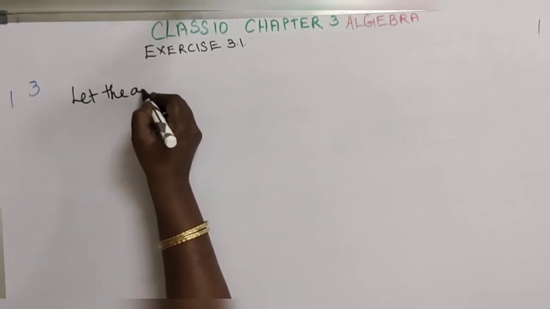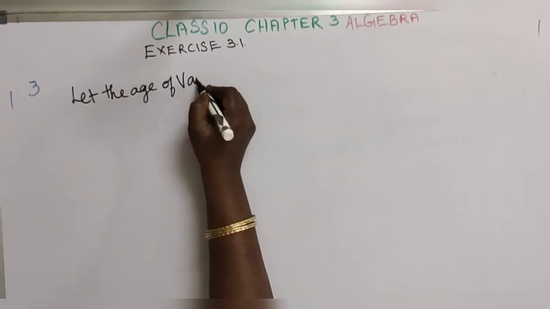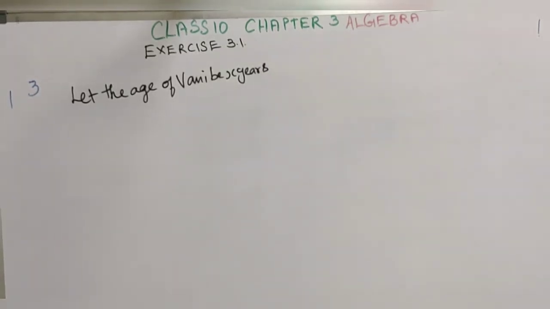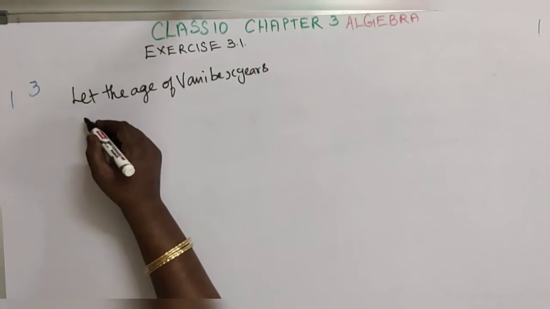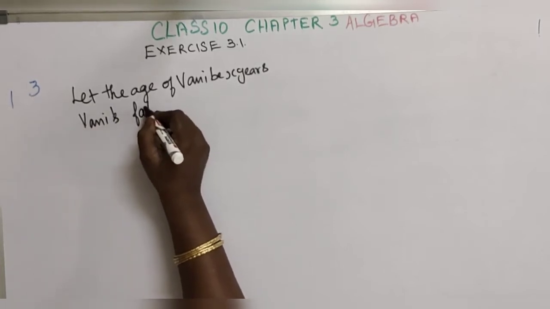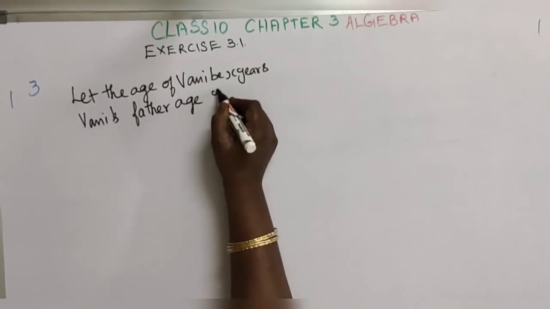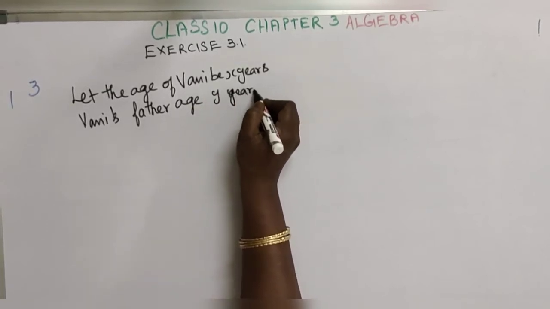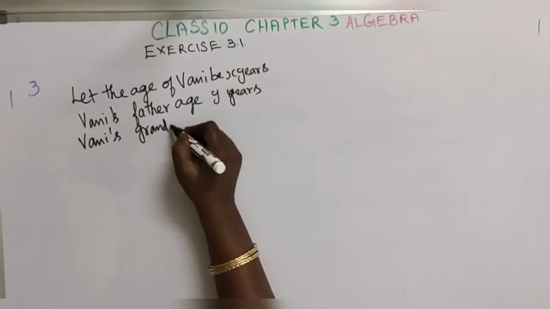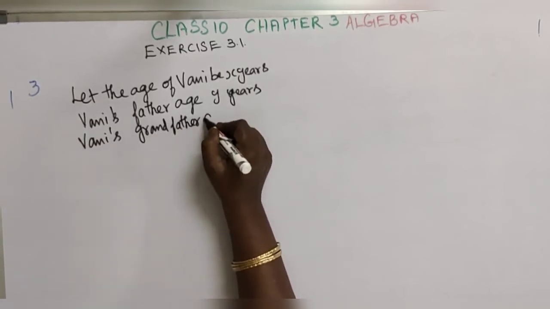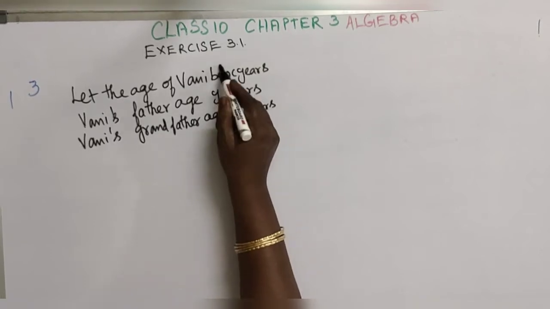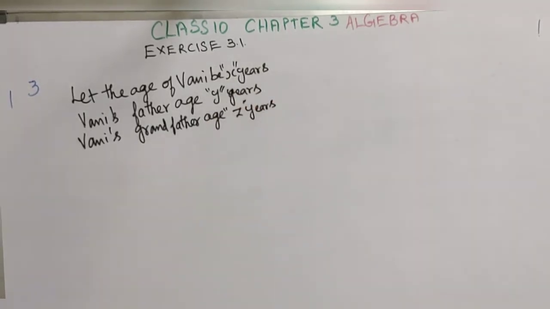Let the age of Vani be x years, her father's age y years, and Vani's grandfather's age z years. Unknown ones, we assume as x, y, z.